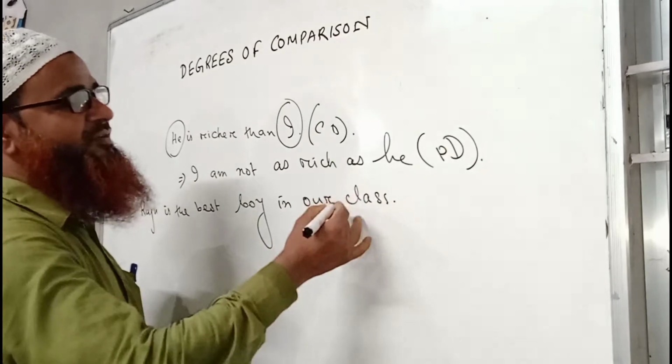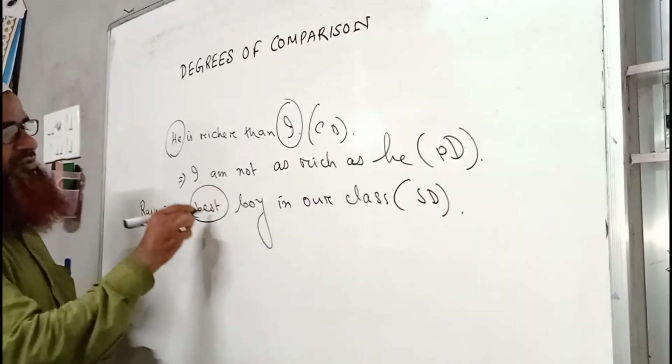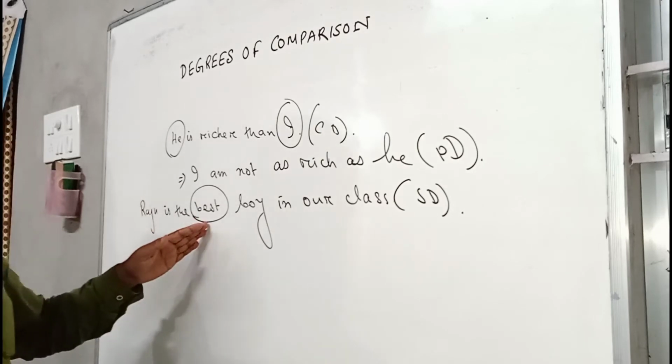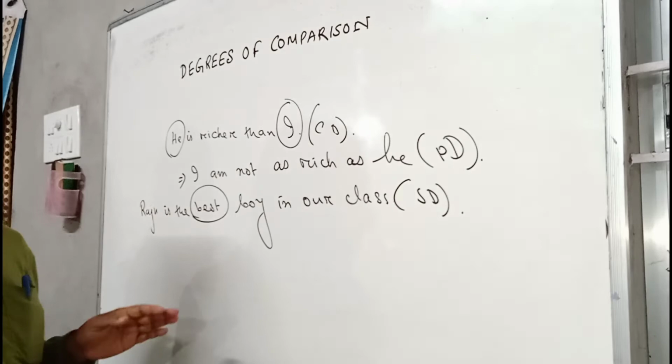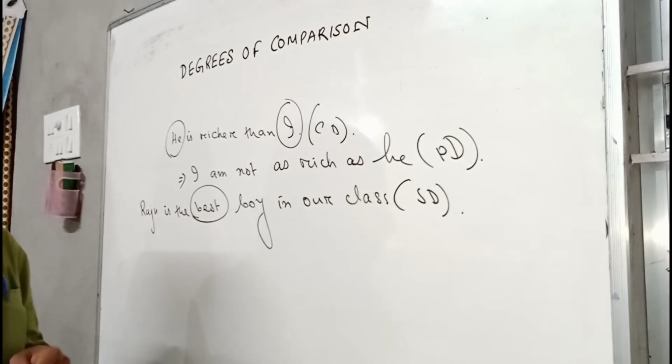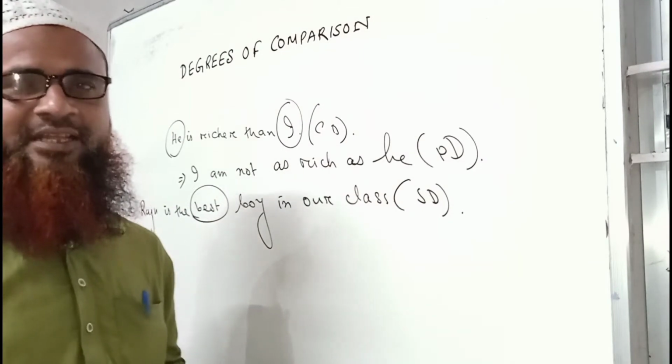So this is a sentence of superlative degree where best has been used, and before best we have used the definite article the, because it is the rule. We always use the article before the superlative degree.